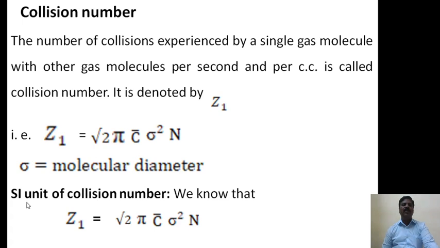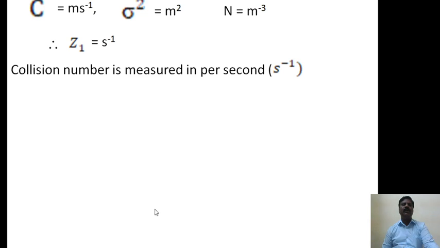Now come to the SI unit of collision number. We know that Z1, the collision number, is equal to square root of 2 pi into average velocity into sigma square into n. Here, average velocity can be expressed in meter per second.